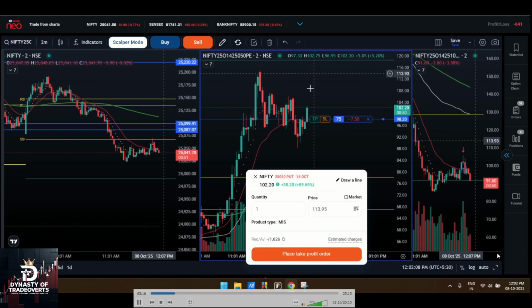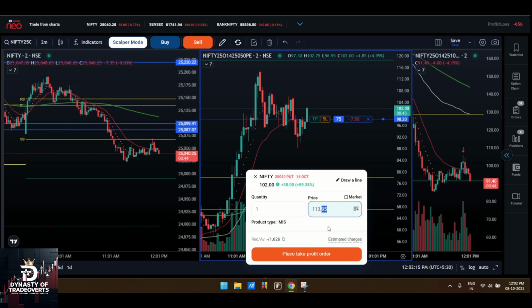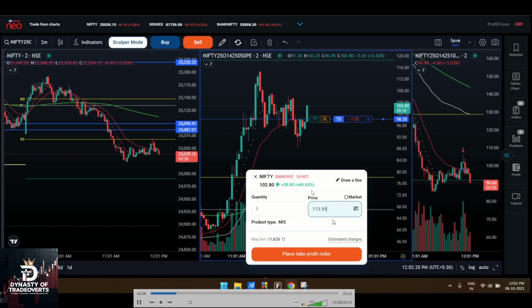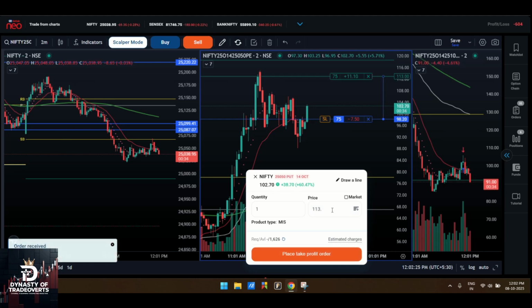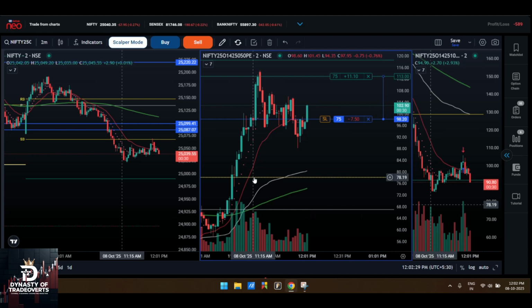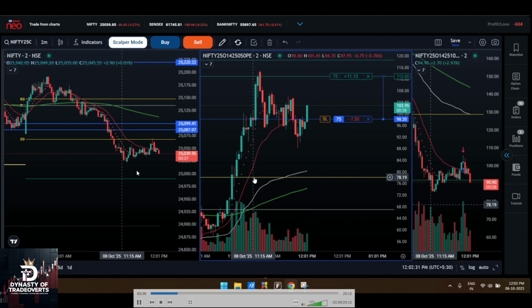Okay, so yeah, I'm seeing a spike in the option chart. I need a sudden down move in Nifty so that I can capture the sudden spike in the options premium.